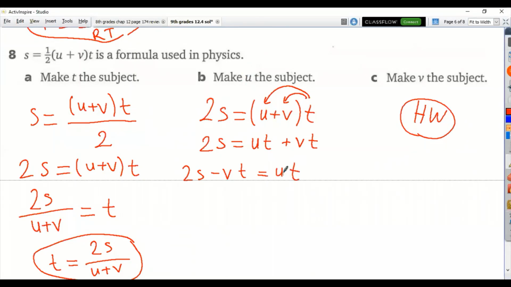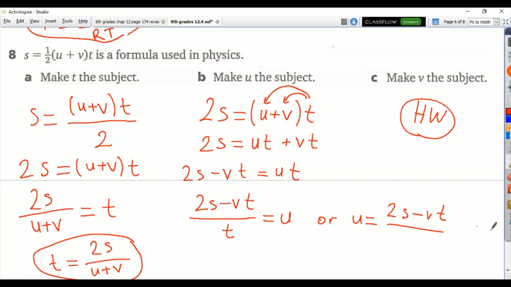U will be isolated, we said. It's multiplied by T here, so on the left, T will be dividing. So 2S minus VT over T, or in other words, we transfer it to the bottom of the left-hand side. That's equal to U. Or you can write U equals (2S minus VT) over T.